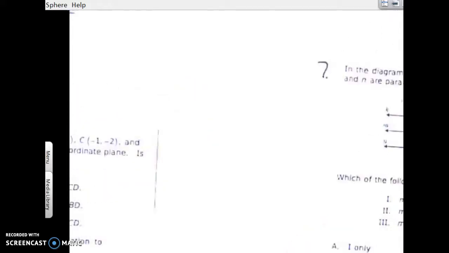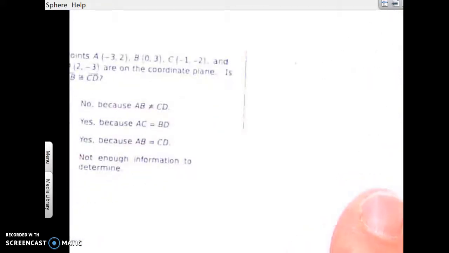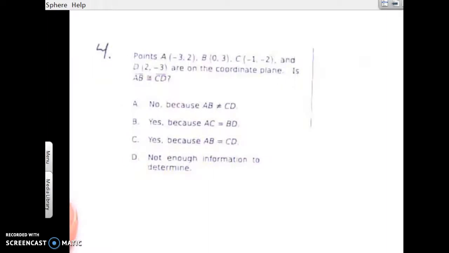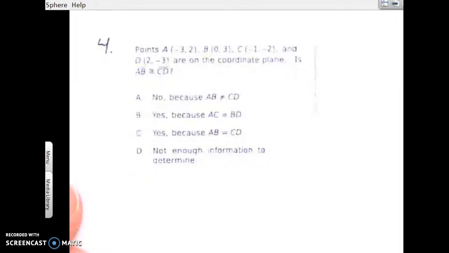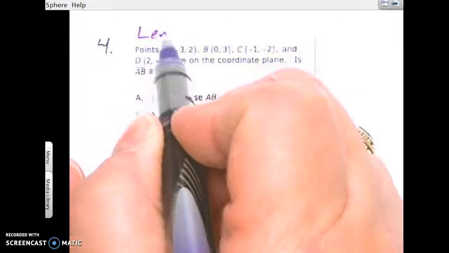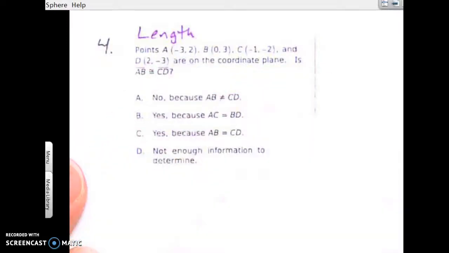If I look at question number 4, question number 4 says I've got points A, B, C, and D. They're on a coordinate plane, and I want to know if segment AB is congruent to segment CD. So I need to find the length. Length means I need to use my distance formula.